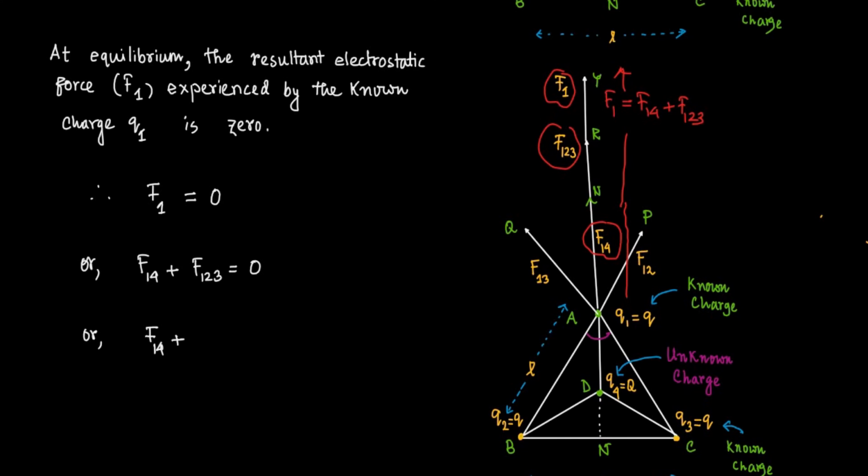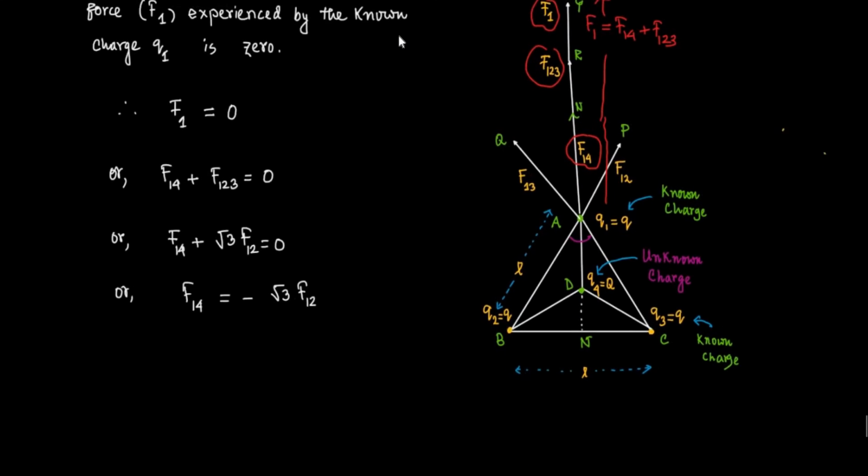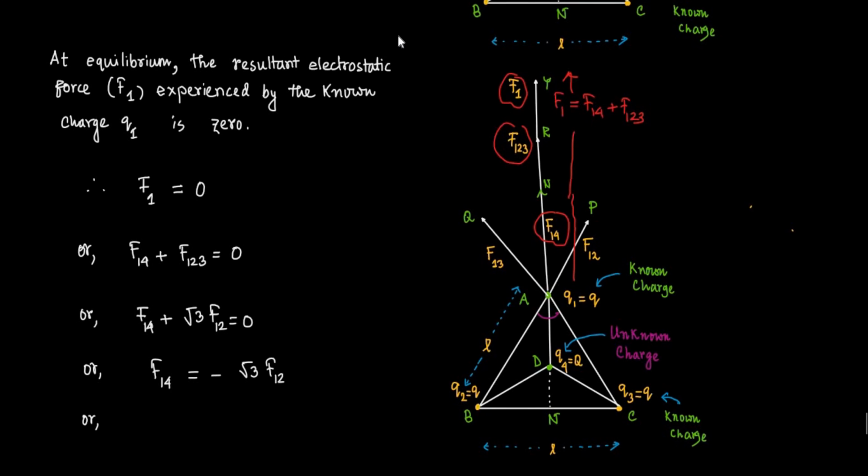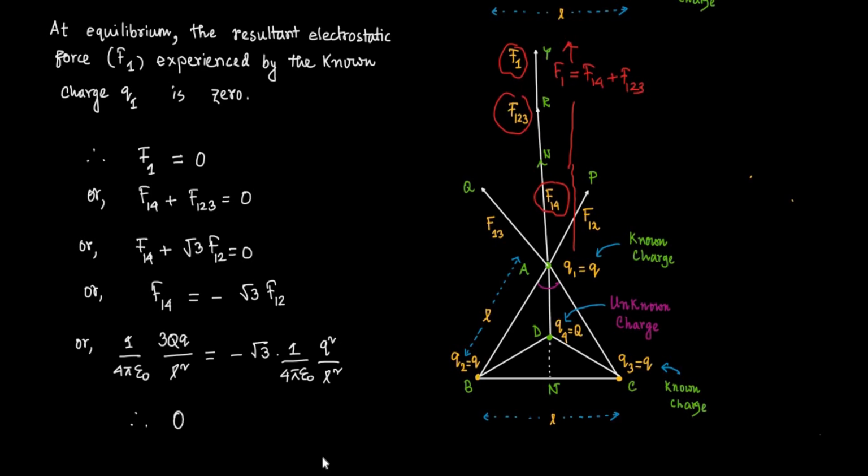Or F14 plus root 3 F12 is equal 0, or F14 equal minus root 3 F12, or 1 by 4 pi epsilon 0 3 Q q by L square equal minus root 3 times 1 by 4 pi epsilon 0 q square by L square.